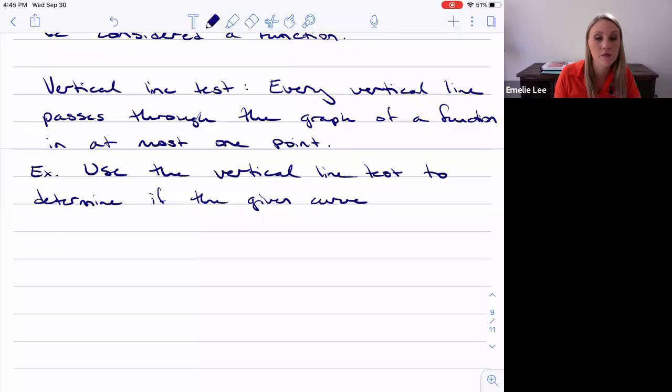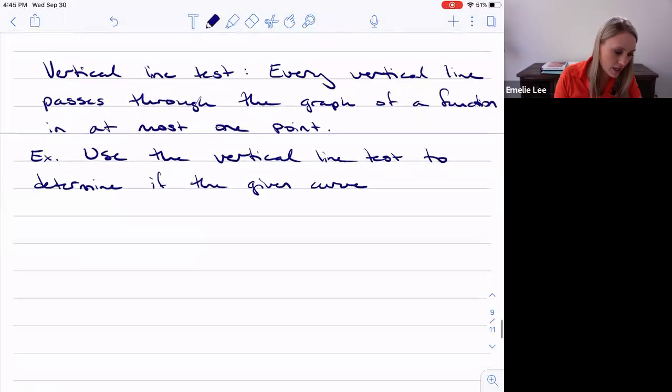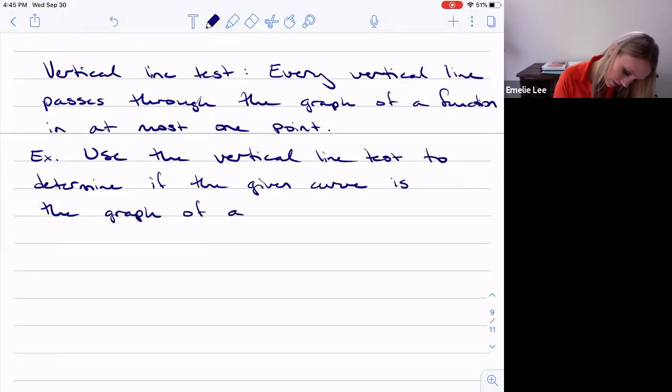So there can be curves that are not functions, and that's okay.